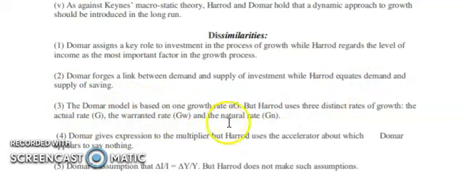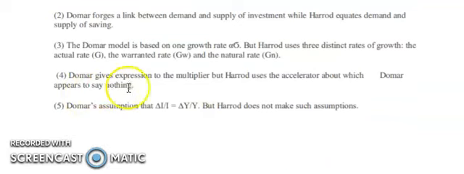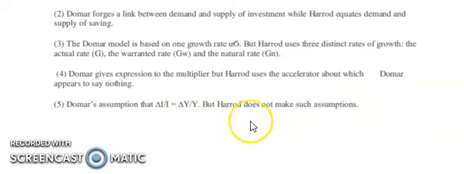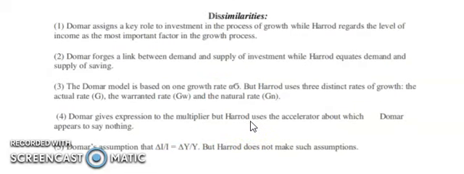The Domar model is based on the growth rate alpha into sigma, but Harrod uses three distinct rates of growth: actual, warranted and natural. Domar gives expression to the multiplier, but Harrod uses the accelerator, about which Domar appears to say nothing. Domar assumes that delta I by I equals delta Y by Y, but Harrod does not make such an assumption. These are the dissimilarities of the Harrod and Domar models.